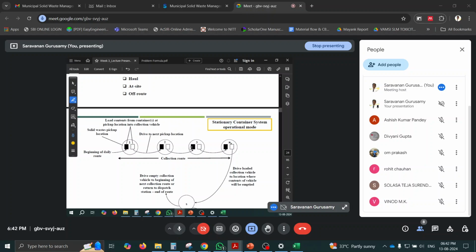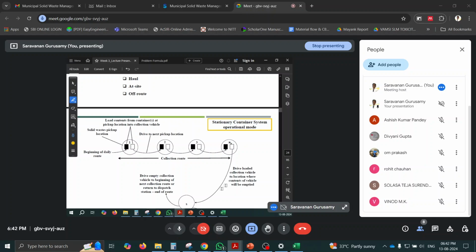Once the vehicle is full, we have to come to the disposal site. Here we can't conclude that number of trips equals number of containers. In the hauled container system, it is easy to calculate how many trips equal how many containers emptied. But here it is not equal.